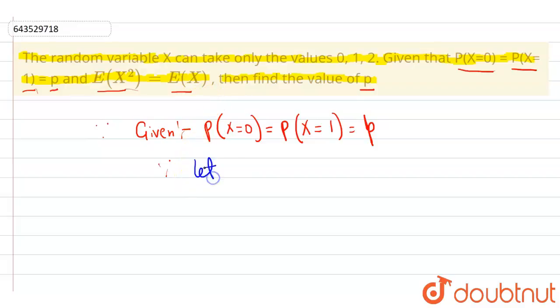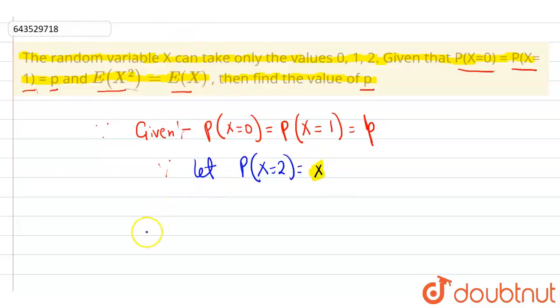So let us assume the probability at x equals 2 is x. So we have assumed that at x equals 2 our probability will be x, right?